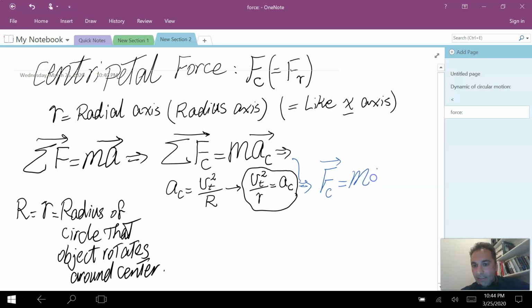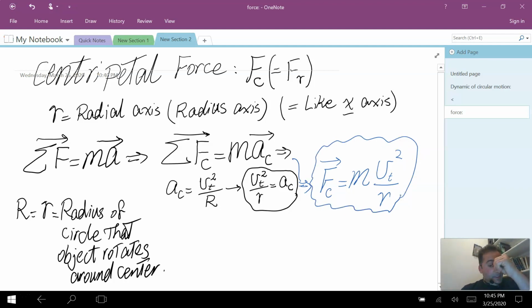M Vt square over R. This is going to be the centripetal force. And here tangent velocity is actually a magnitude because it's to the power of 2.